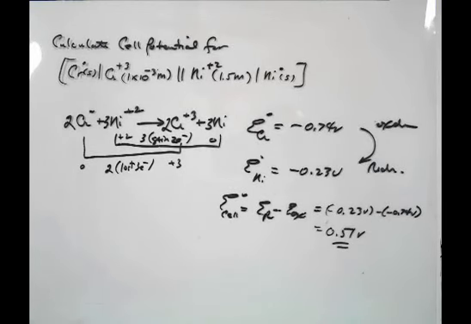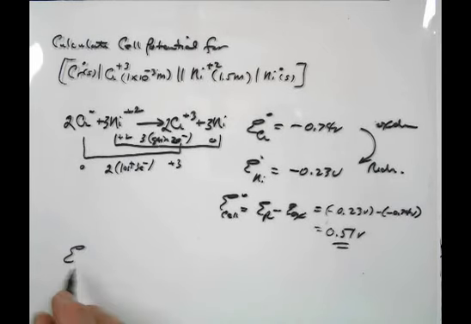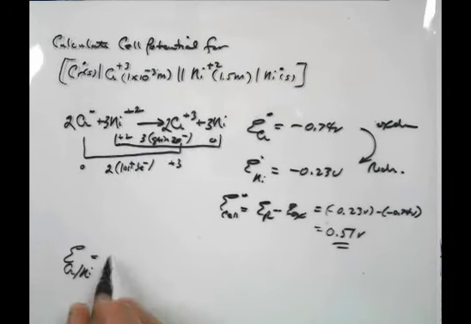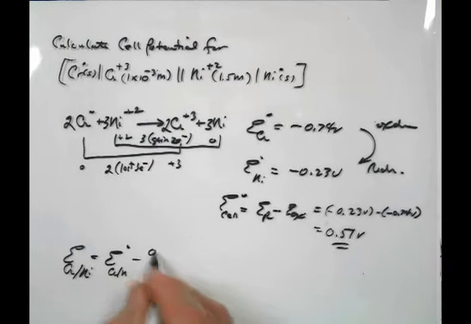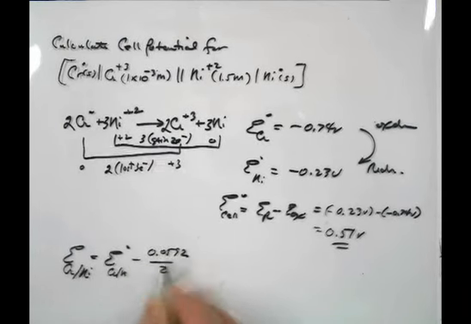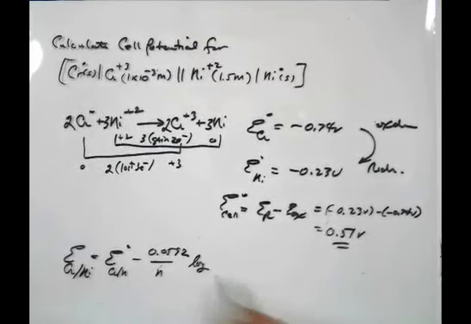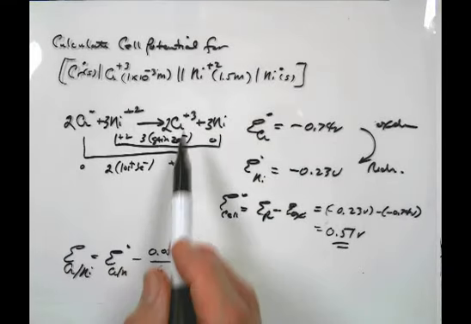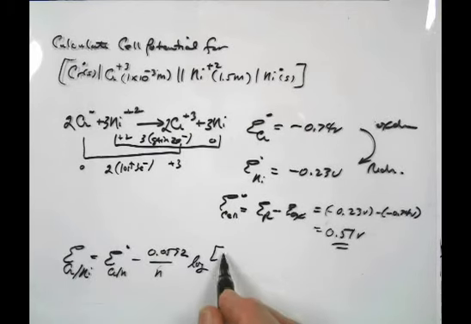Okay? So the E non-standard for the chrome nickel system is E0 for your chrome nickel system minus 0.0592 over n, not 2, n, log of products over reactants. Well, your reaction says chrome is your product side. So you would want the concentration of chrome, but notice the coefficient is 2.